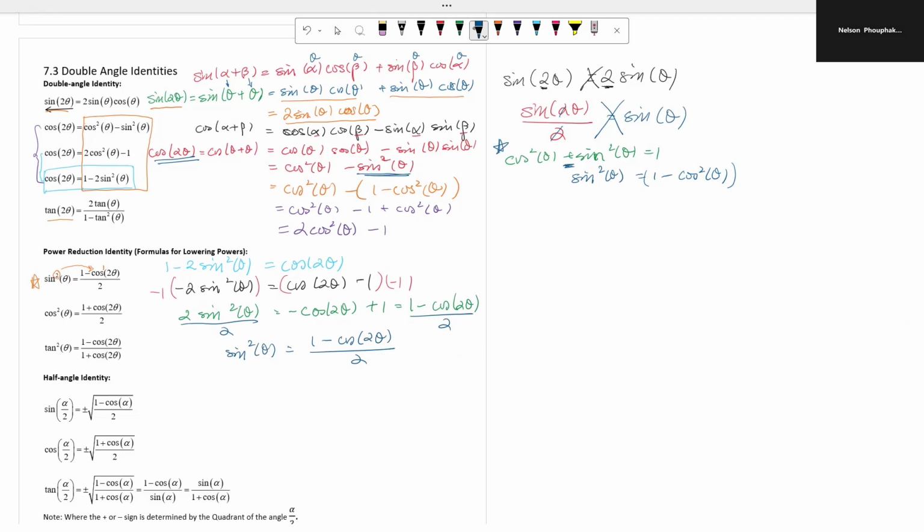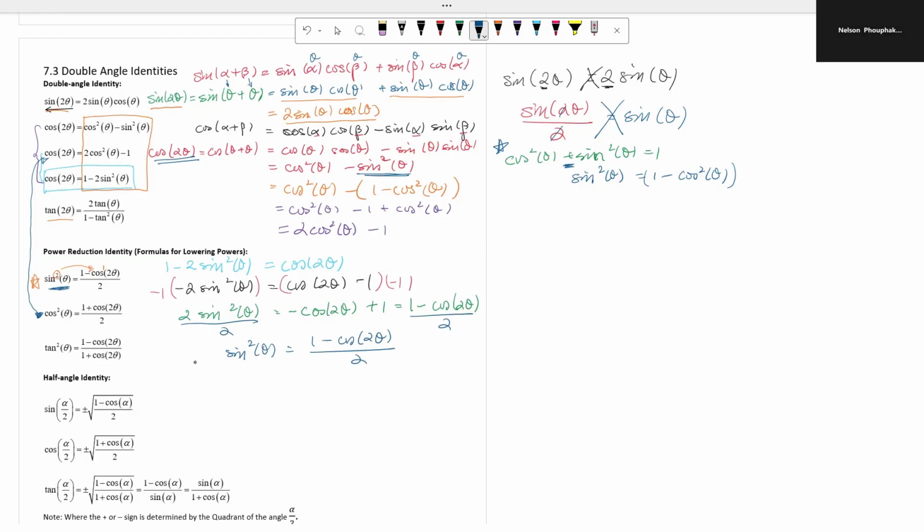You can work it out almost the same way as our first example with sine square theta, and you will get cosine square theta equal to 1 plus cosine 2 theta over 2.